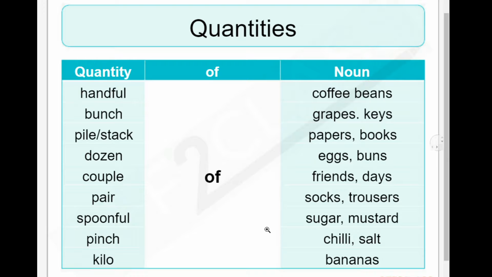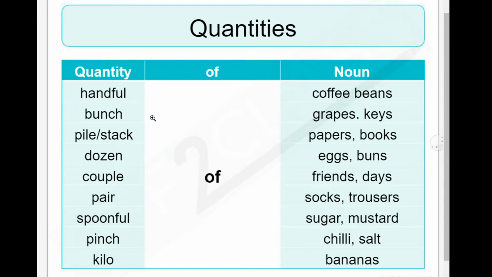And we have different definitions for quantities. For instance, we have a handful of coffee beans. Please repeat. A handful of coffee beans. Very good.